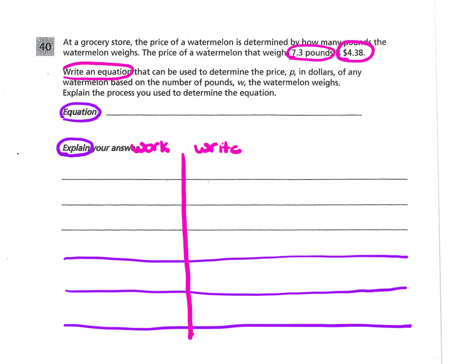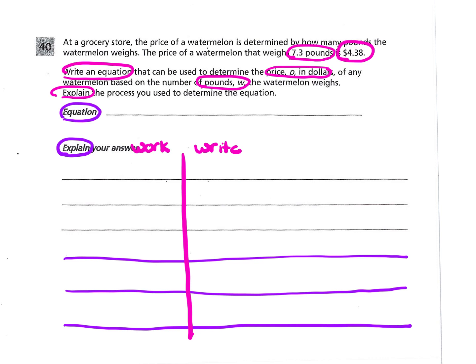Write an equation that you can use to determine the price P in dollars of any watermelon based on the number of pounds W the watermelon weighs. Explain the process you used to determine the equation.